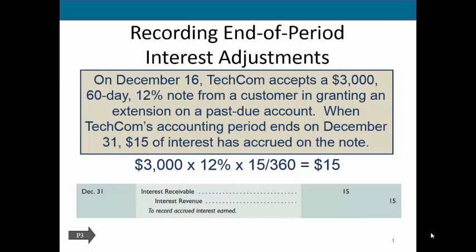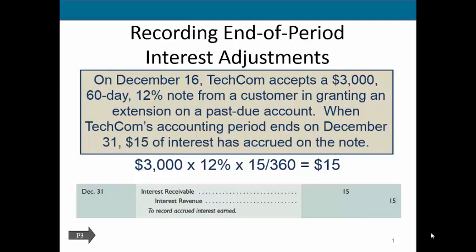Now, early on in the course, we talked about adjusting entries, and these are entries that we need to make to get our books up to date. So now let's look at the actual calculation of an adjusting entry related to interest. So, if you'll remember, oftentimes a note receivable is something that is longer than a year.